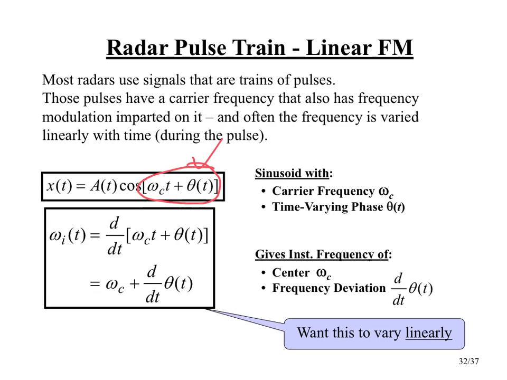It has units of radians. Theta is a phase, so it's in radians. Omega sub c is in radians per second, so times the seconds of t, omega sub c times t gives us something in radians. So that whole quantity is in radians.